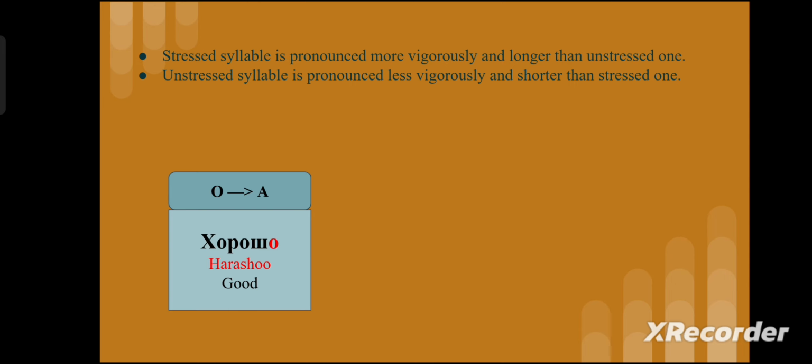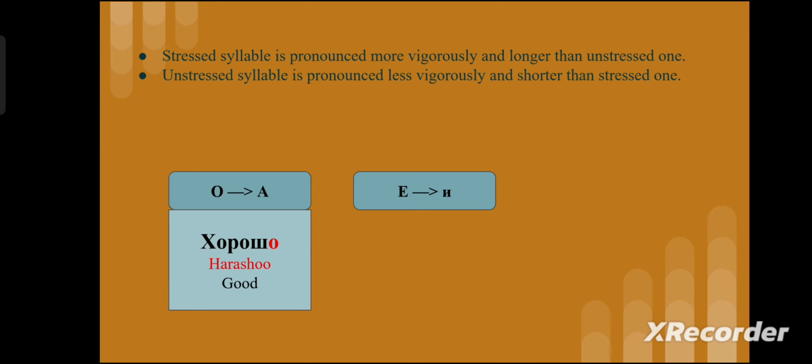Harasho, it means good. Here, only the last O is stressed. The first and second O are not stressed, so it's pronounced like A. Harasho.